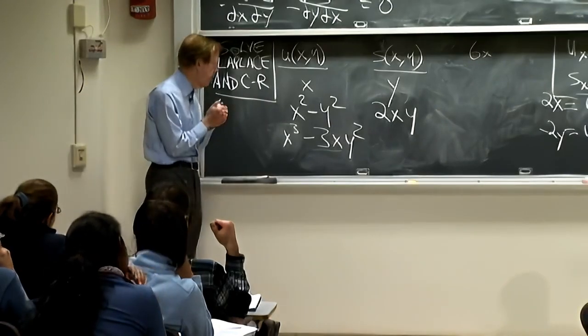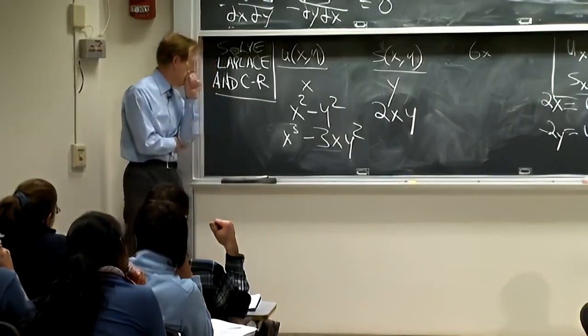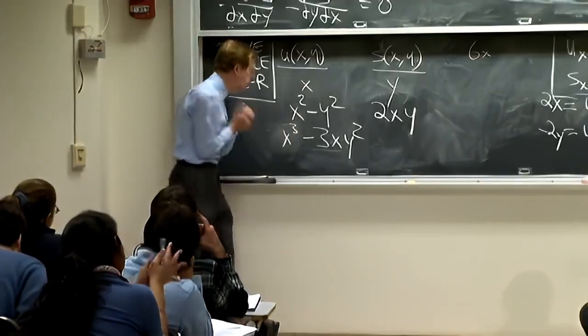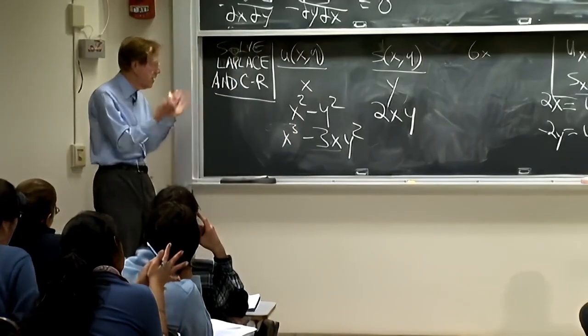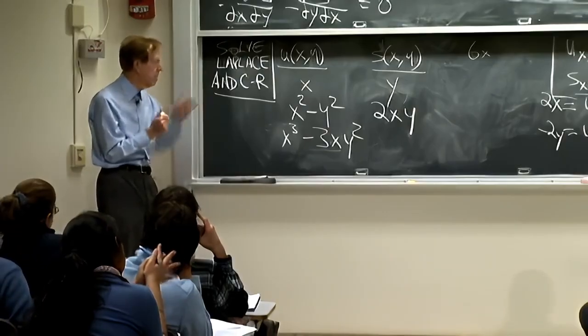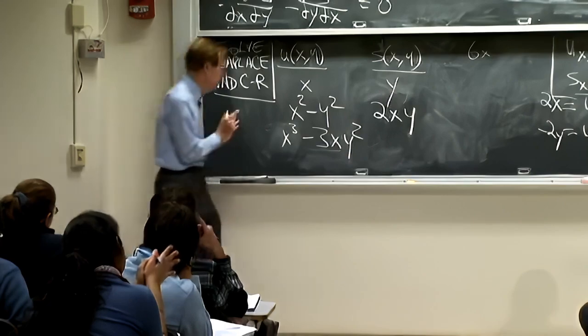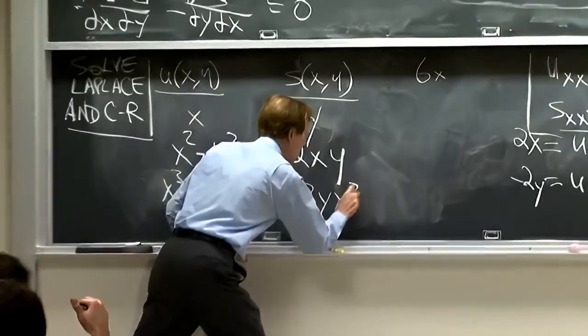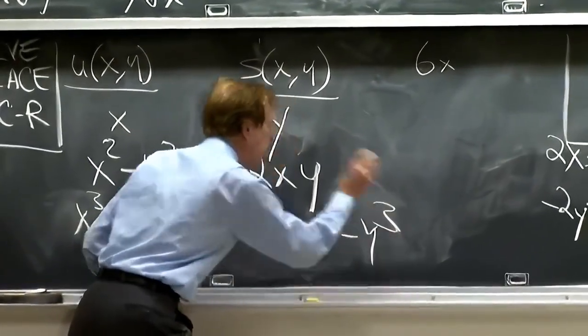And I think I just sort of reverse x and y to get another one, because if I exchange x and y, I'm still okay with Laplace's equation. I think something like 3y x squared minus y cubed.